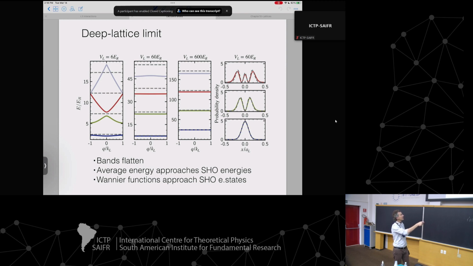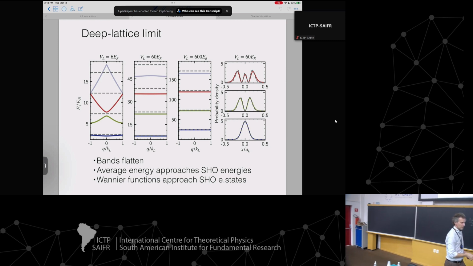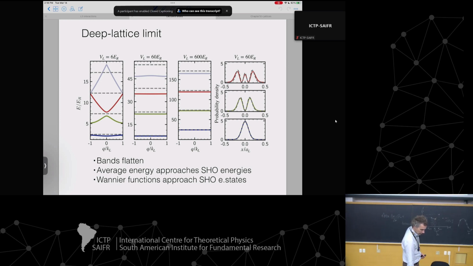And in this limit where these bands become very flat, if I now construct the Wannier function of a single site, then it starts to look like a harmonic oscillator. So shown here are the 0 band, the first band, and the second band Wannier function constructed in just the way I told you, integrating over Bloch functions, and then comparing to them in dashed is what the harmonic oscillator would look like.